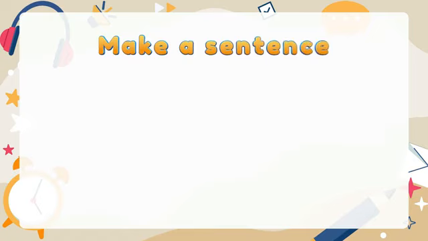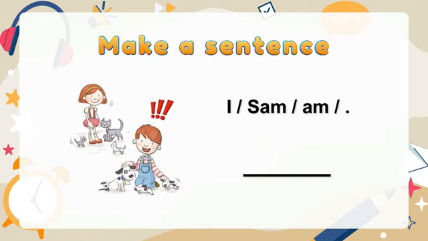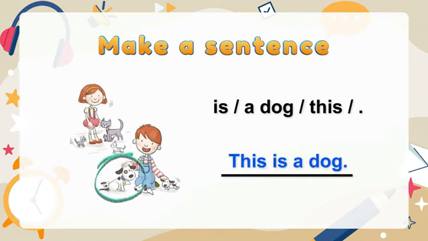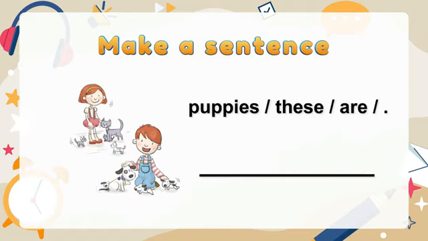Make a sentence using the words below. The first letter should be a capital. I, Sam, am. The sentence should be, I am Sam. Is a dog this? The sentence should be, this is a dog. Puppies, these are.